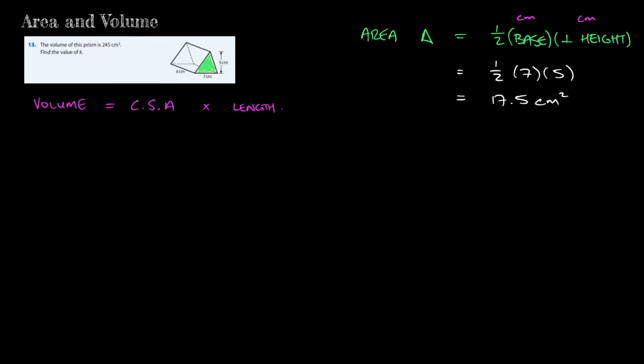The volume is 245, which is equal to the cross-sectional area, 17.5, all multiplied by the length, which in this case is K. And I put that in pink because that's what we're trying to find the value of. Okay, so we formed an equation there.